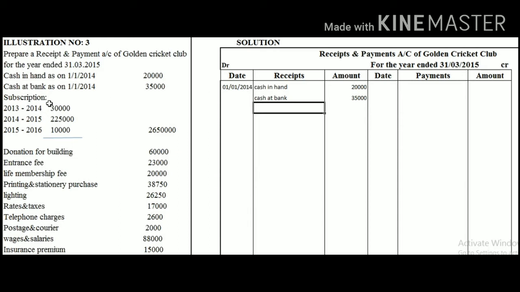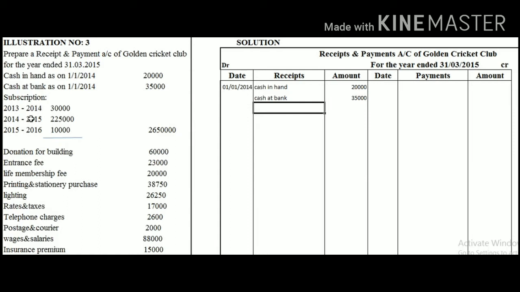The next item is subscription. What is subscription? Is it a receipt or a payment? Subscription is one of the important receipts of the receipt and payment account. Subscription received.